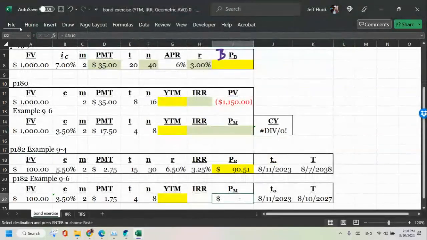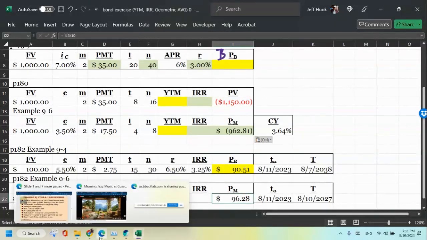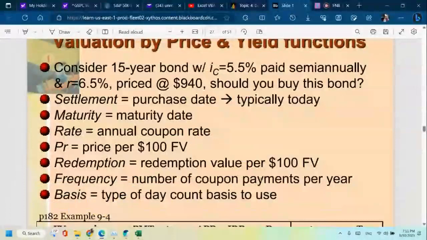So when yield is your unknown, right? Yield to maturity. When yield to maturity is your unknown, that means market price is given. Of course, market price is information that you can get from the market. Whether this is correct or not, it doesn't matter.